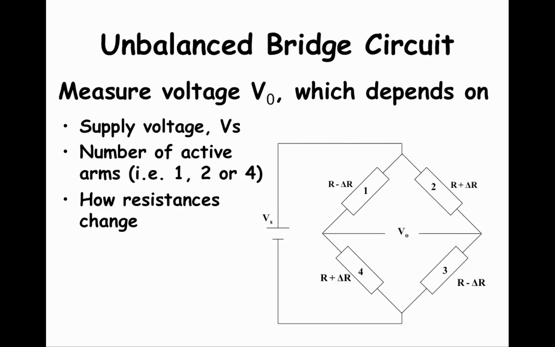The resistances of arms 1 and 3 are R minus delta R, and the resistance of arms 2 and 4 are R plus delta R. This will mean later that we will want to mount strain gauges that are in compression in arms 1 and 3, and the strain gauges that are in tension in arms 2 and 4.